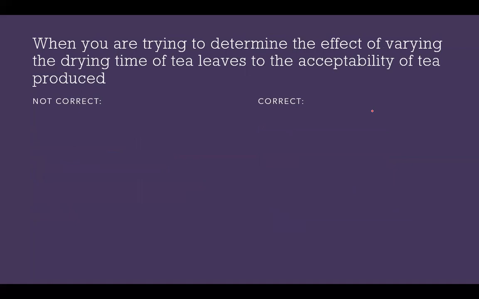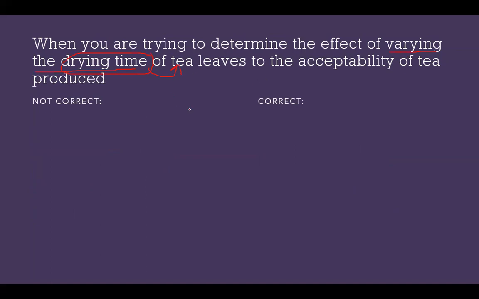So here is another example. Second example, when you are trying to determine the effect of varying drying time. So the varying is placed here. Drying time is what is varied. So what is drying time of tea leaves? Tea leaves to the acceptability of tea produced.